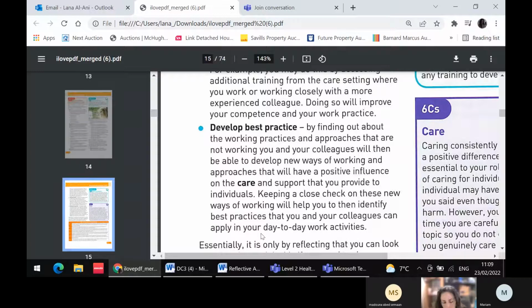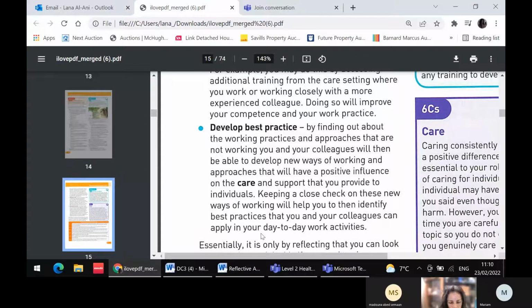If you have done many things in a different way, and it proved to be very good, it doesn't need to be all about mistakes when you reflect. Maybe you reflect on it and think, oh, this is a better way of doing things. Then you can tell your colleagues and change the way you're doing things.